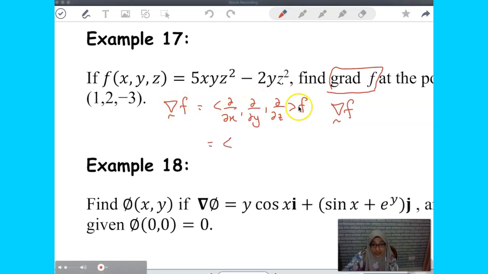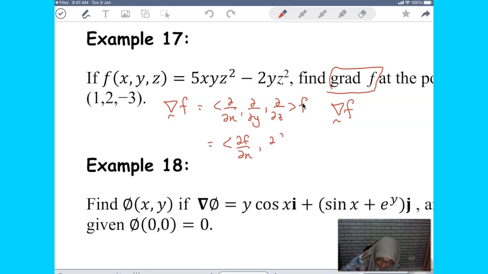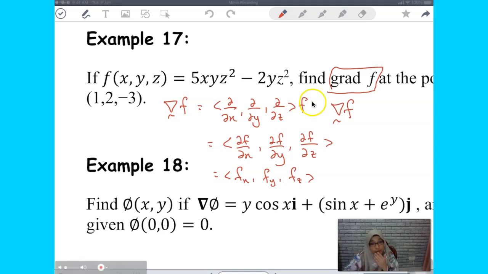This is the operator and f is a scalar. So what you have is del f del x, del f del y, then del f del z, or in a simpler way, fx, fy, fz. Now your task is to obtain the partial derivatives with respect to each of the variables.